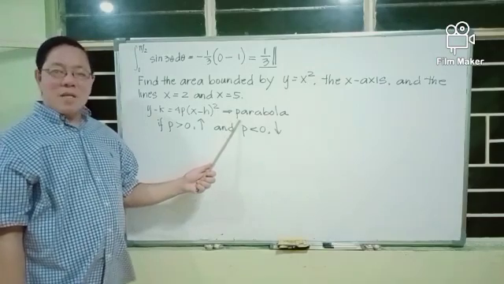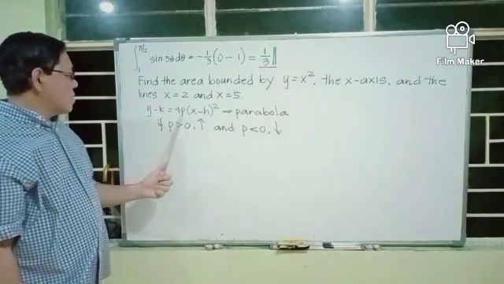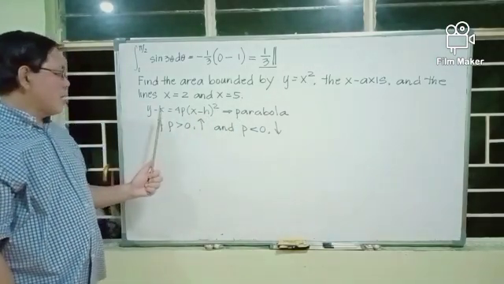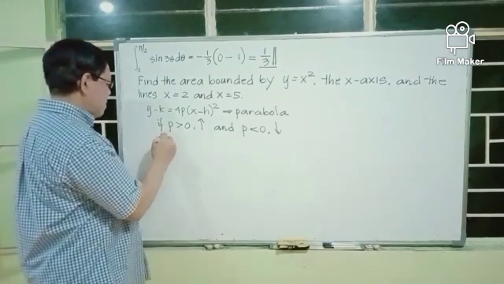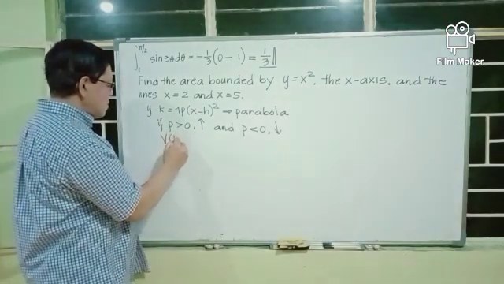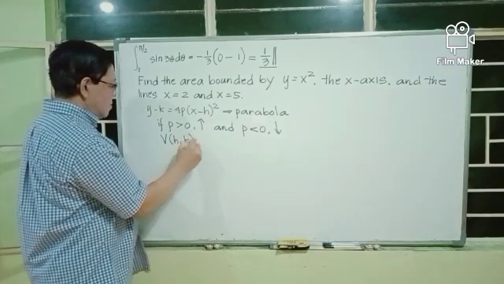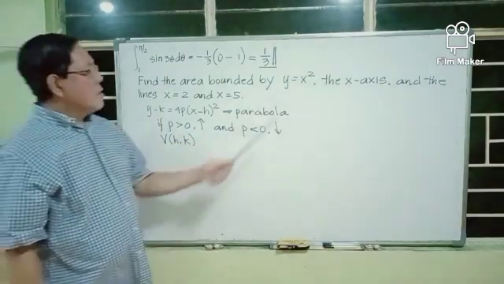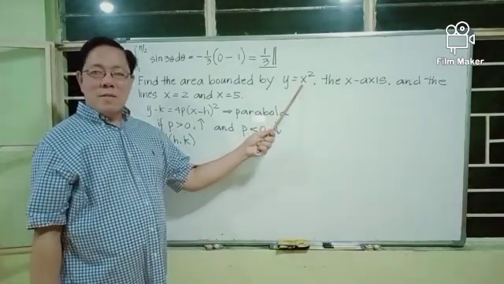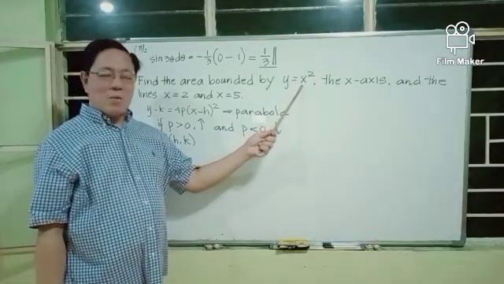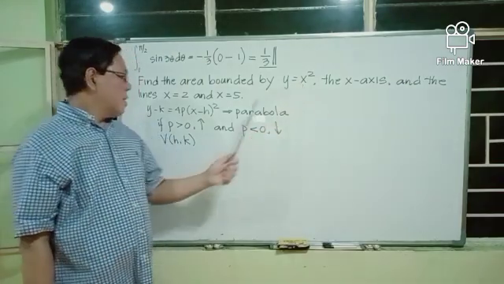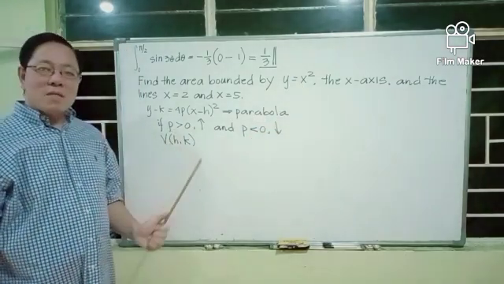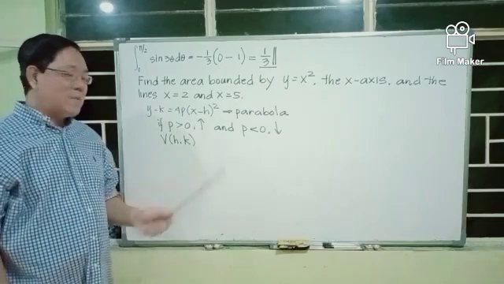And the parabola has a vertex. The vertex is at the point (h, k). Since the coefficient of x squared here is positive 1, that means 4p is 1.